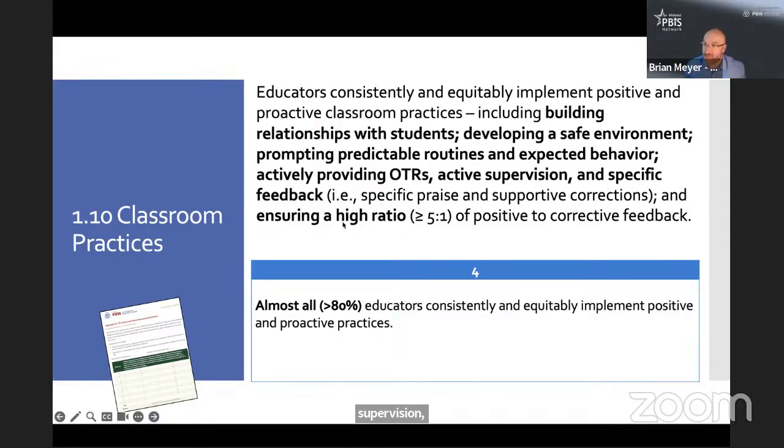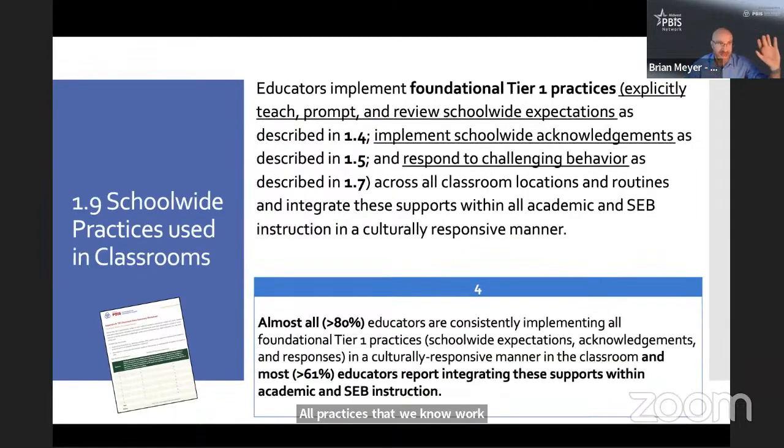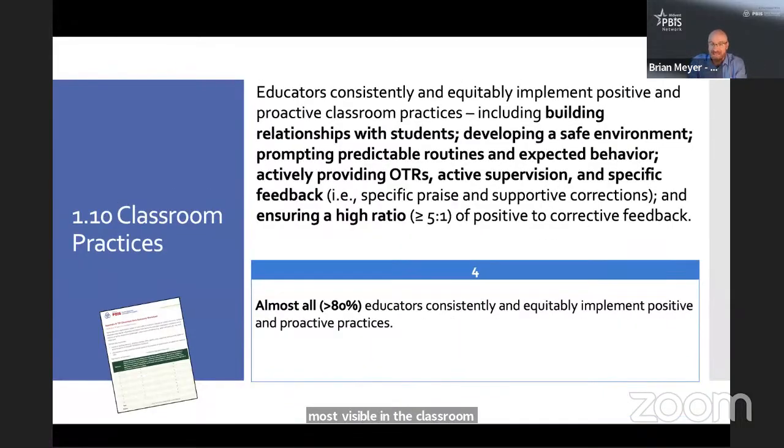And these are the ones that are the most visible in the classroom setting. So we have both. 1.9 is incorporate what we're doing school-wide in our classroom. And 1.10 is make sure the core classroom practices themselves, including these components, are in place. Teachers that can do this and have the support for it, great climate and culture. A much more supportive environment for students to be successful.